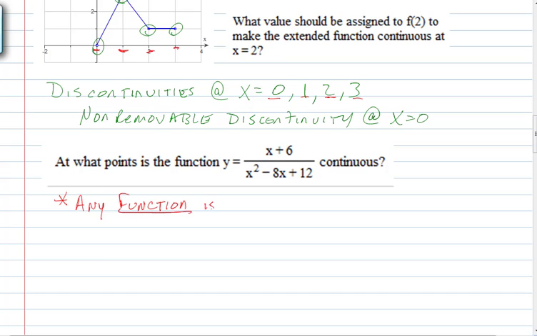Any function is continuous everywhere it is defined. So what we need to do is find where this function is not continuous. So we're going to find where the denominator is equal to what? 0. So that's what we're going to do.